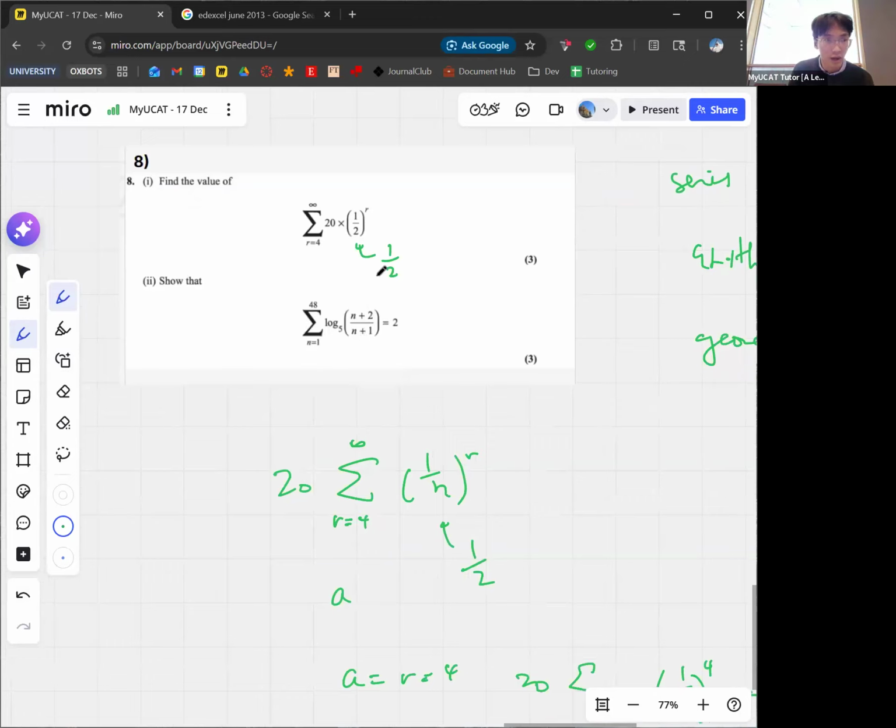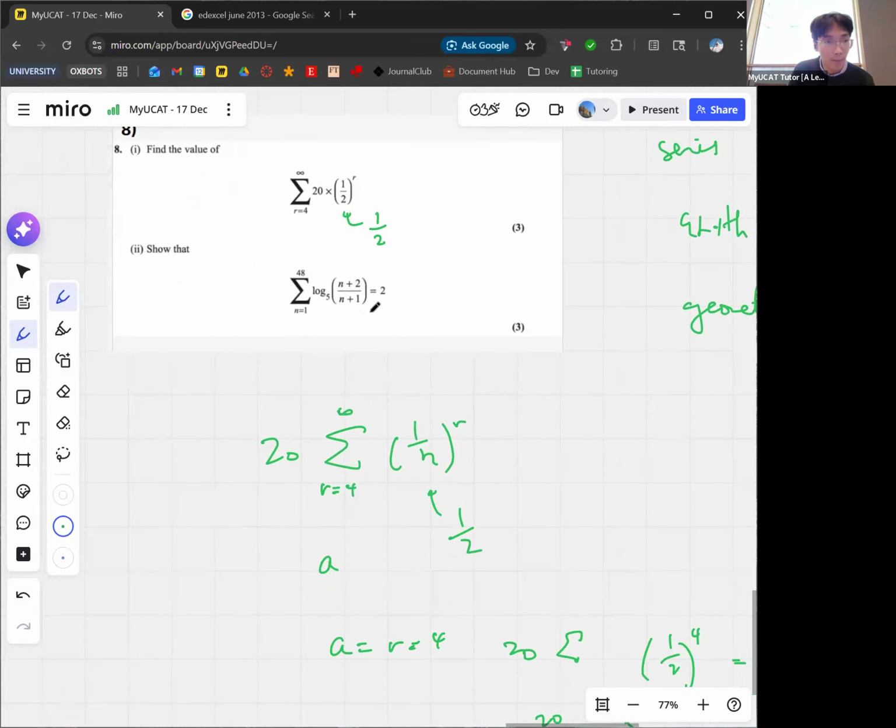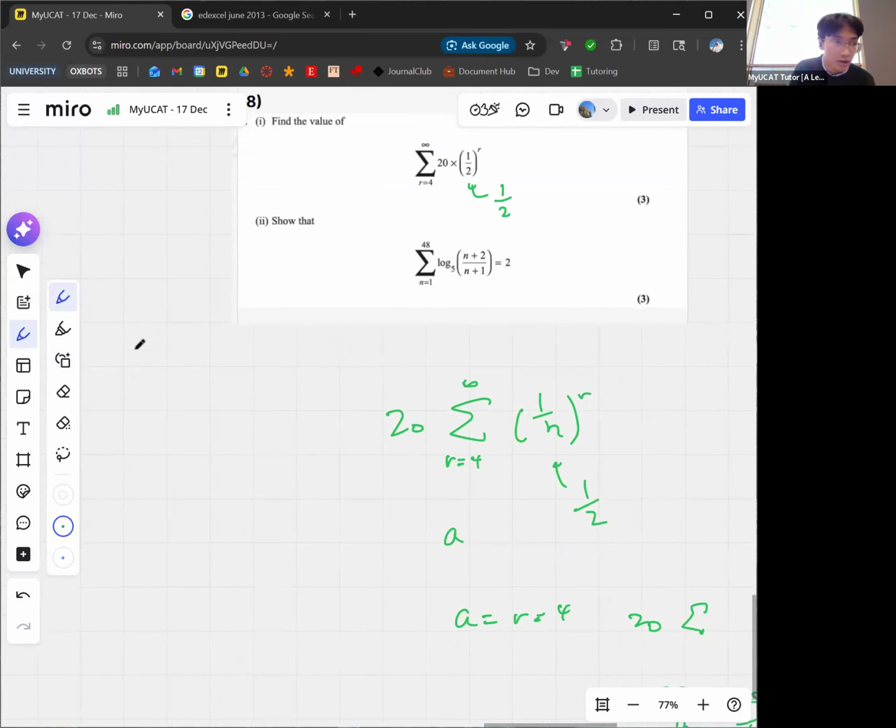And so then with this, you want to go from 1 to 48. This one's a bit tougher, but I would assume you are using your log stuff. So this is going to be log of n plus 2 minus log of n plus 1, and you're going to be going up in steps. That's an interesting one.